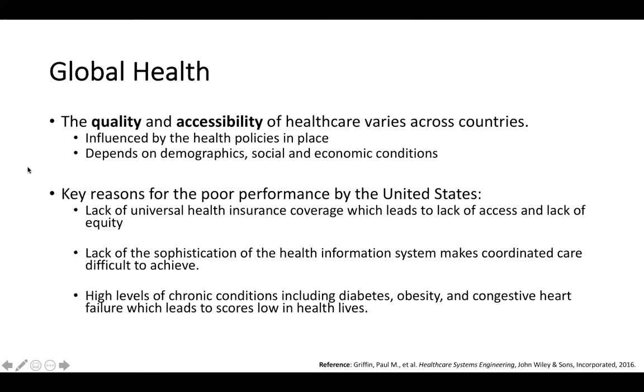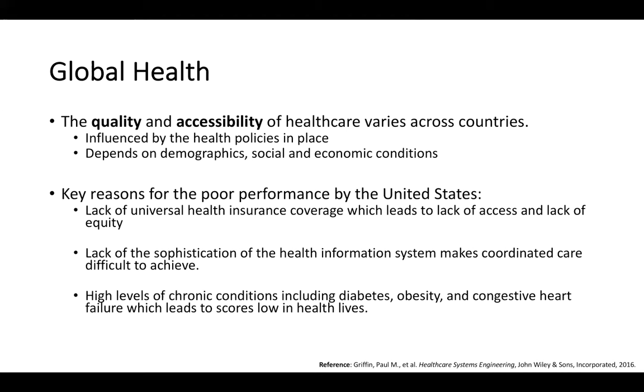So why are there all these differences that we see in quality of care and accessibility to the healthcare system among all these countries? Some of them obviously depend on the healthcare policies that are in place in these countries. The US unfortunately does not provide much pressure in terms of providing universal healthcare.